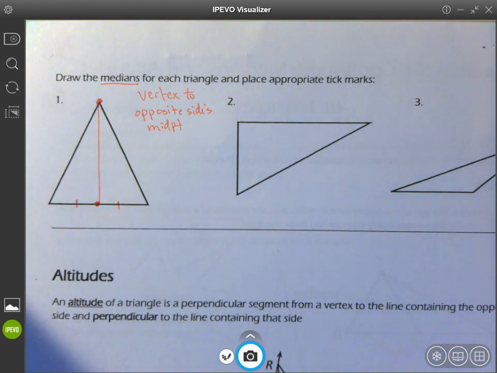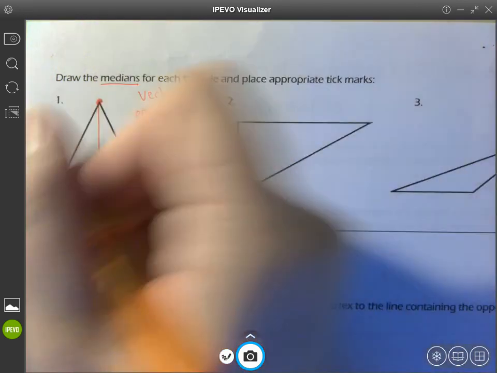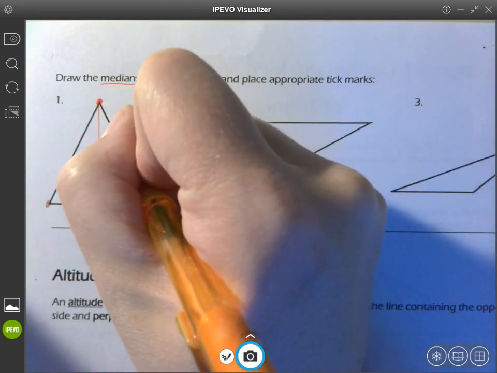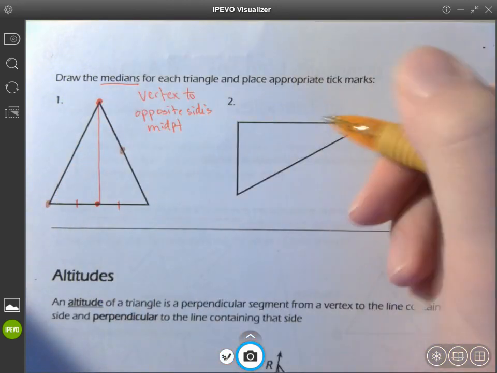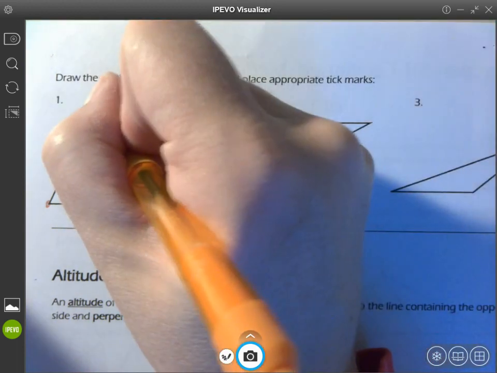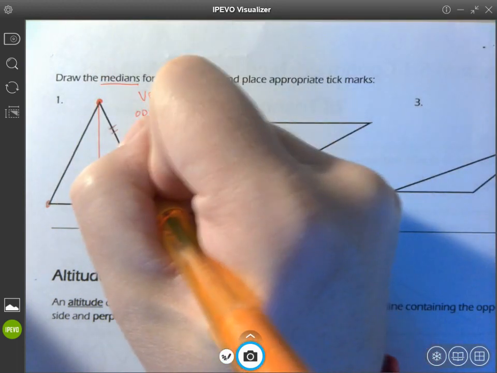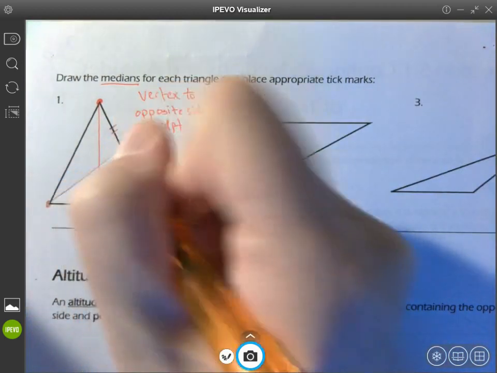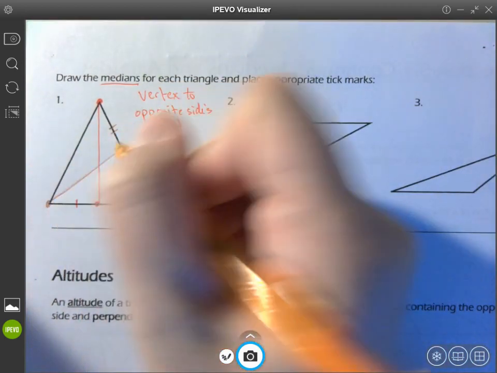Okay, so let's find the other medians. There's my vertex. I'm sketching in a midpoint. Remember, this is not exact. We're just estimating. I'm showing it's a midpoint by marking them congruent. And then I'm going to connect my vertex to my opposite midpoint. There you go.